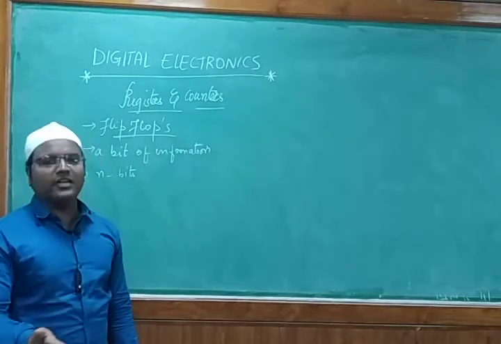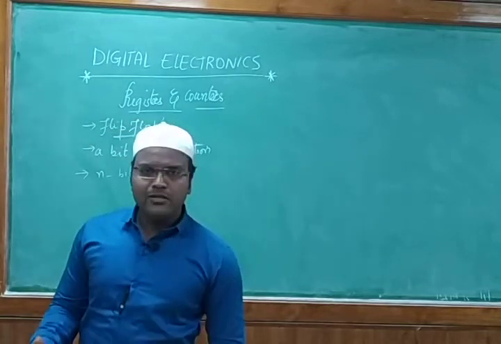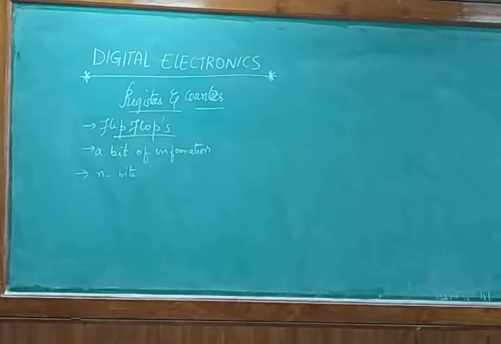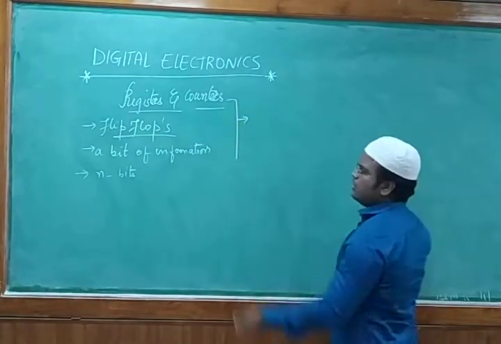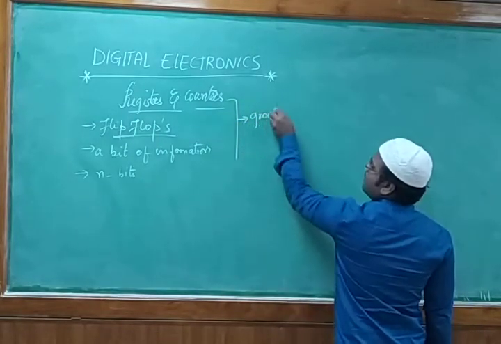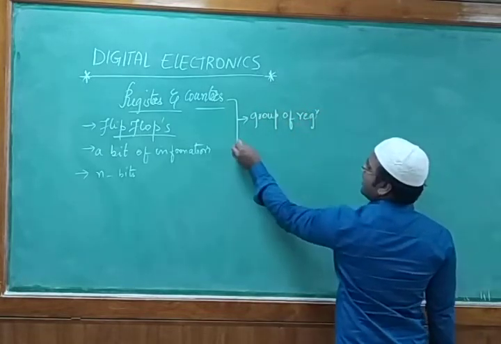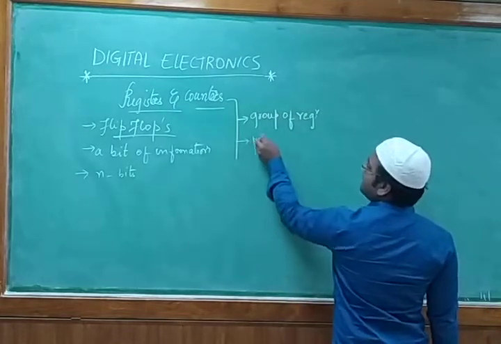Next is the counter. As the name itself says, it's counting. It is going to count the number of states. The counter is also capable of storing data, but the main important point is that it is essentially a register that goes through a predetermined sequence of binary states. So counter is also a group of registers. We use a group of registers and try to count the sequence which we have predetermined.